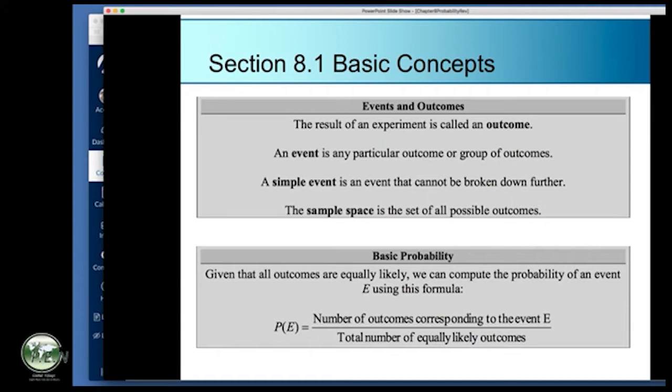A probability of an event E, could have used A, but some event, is the number of outcomes corresponding to the event E, the number of good things, divided by the total number of equally likely outcomes of what happened, okay? And again, probability is a theory, and it works on this concept of something called equally likely. What does equally likely mean?